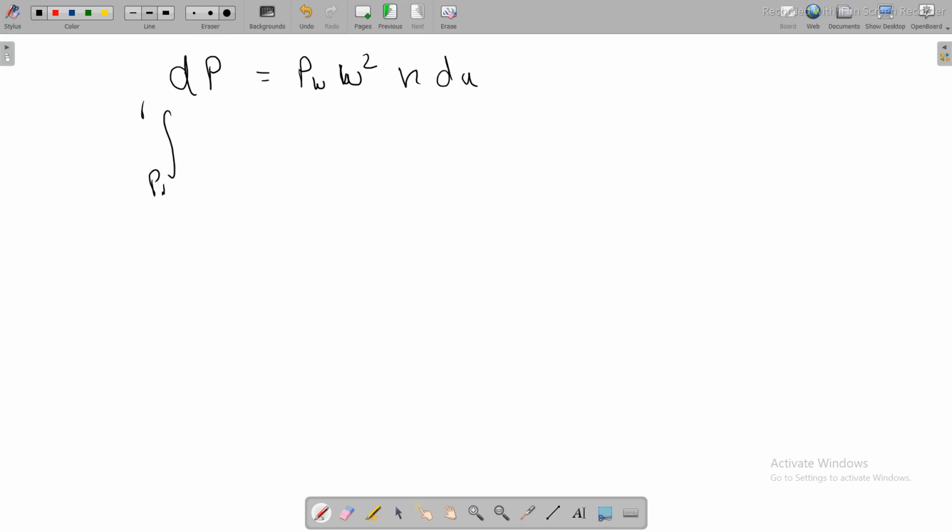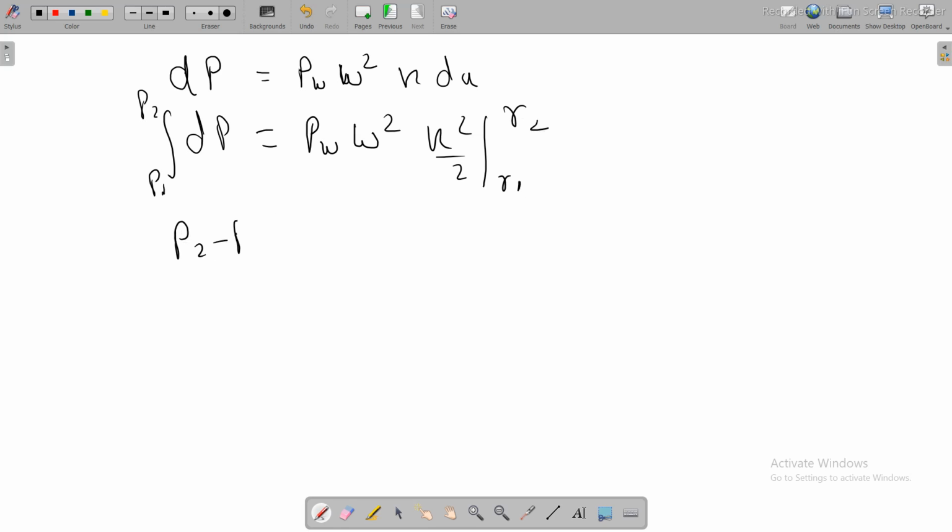Now if we integrate the pressure, we get rho w omega square x square by 2, with limits r1 to r2. Therefore p2 minus p1 is equal to rho w omega square times (r2 square minus r1 square) by 2.